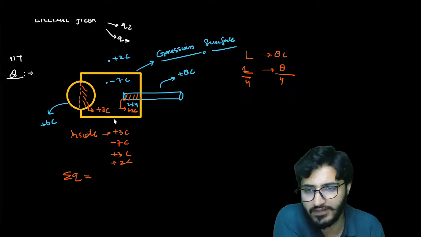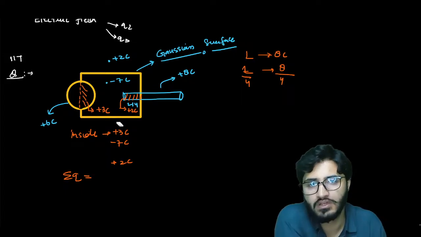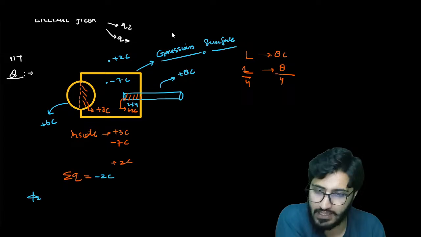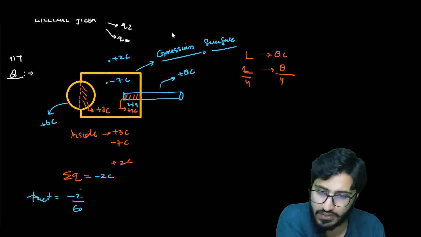Only one 3, so I can write it equals 3 minus 7 plus 2, which is minus 2 coulomb. So my phi net will be equal to minus 2 divided by epsilon naught.